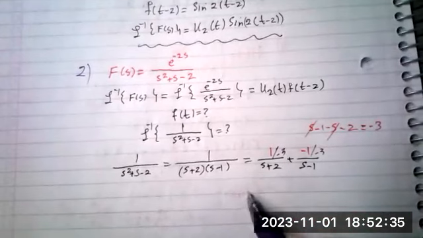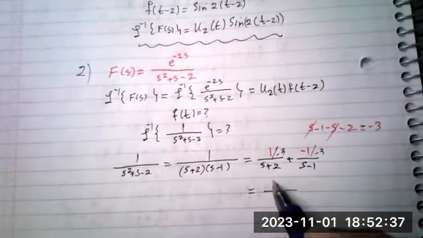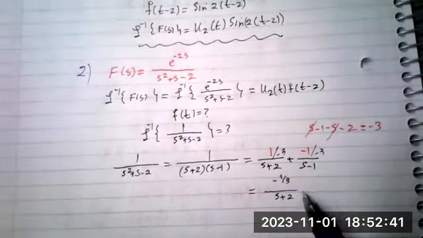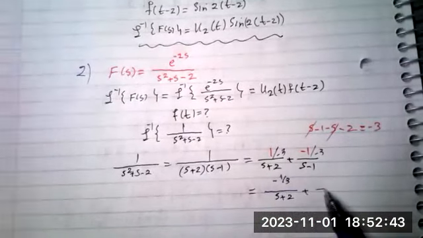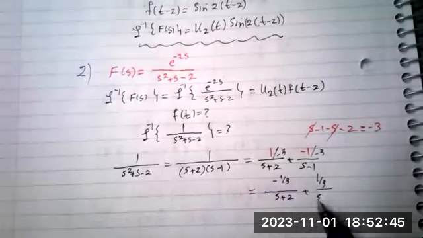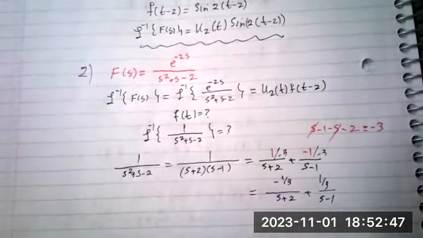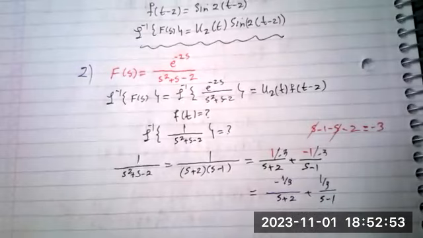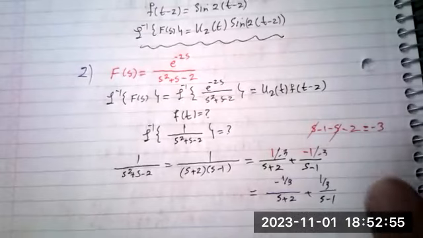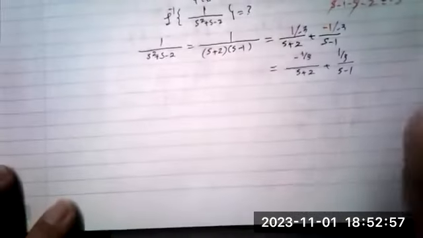That gives you negative 1/3 over s plus 2, plus 1/3 over s minus 1. That's very easy. Most of them are okay. But unless you know it's complicated, you go with the A1 and A2, that's how you do the partial fractions.